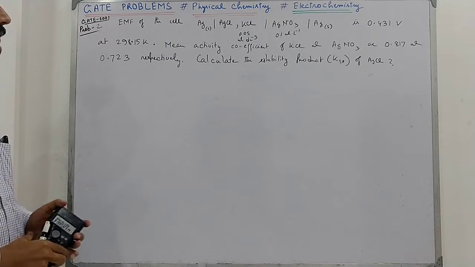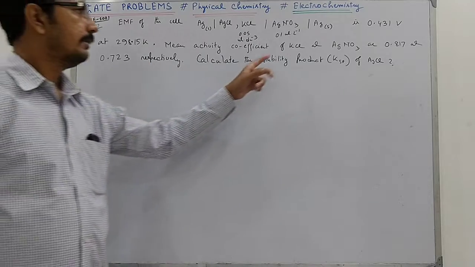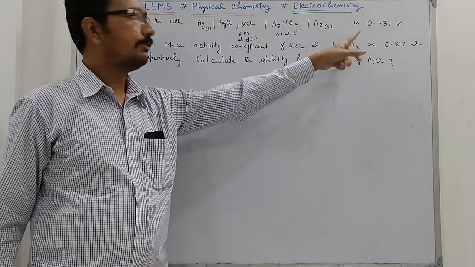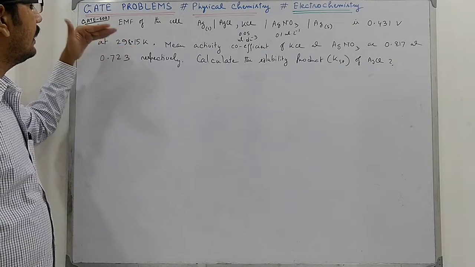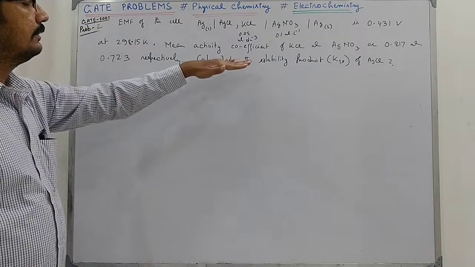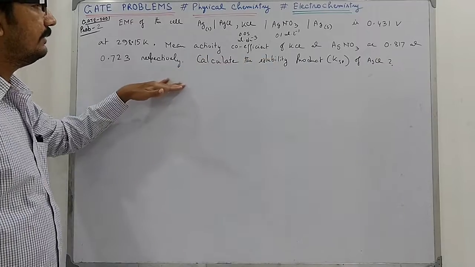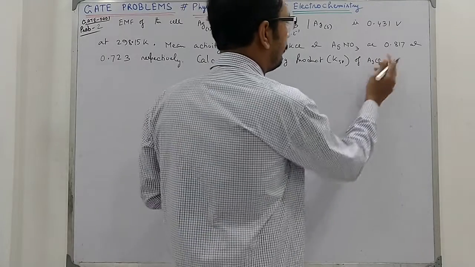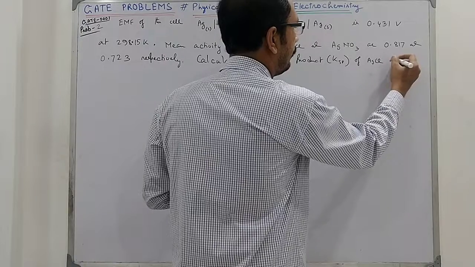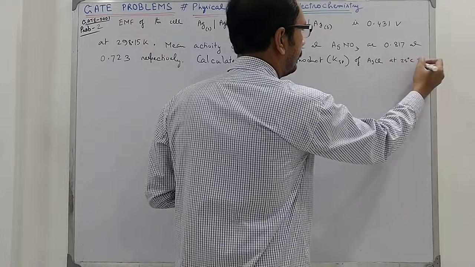What is given? The cell is given, and the E cell, the electromotive force of the cell, the temperature, and the mean activity coefficients of KCl and AgNO3 are given, and they have told you to calculate the solubility product of AgCl at 25 degrees centigrade.